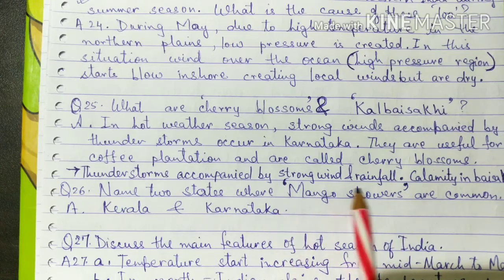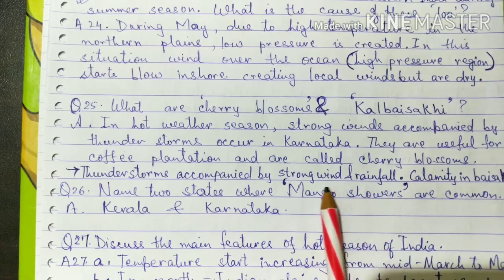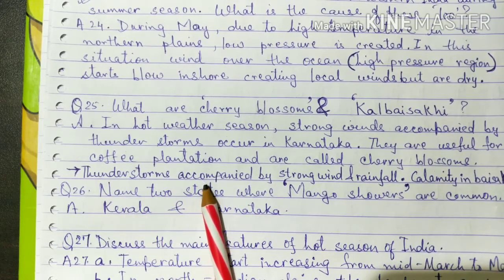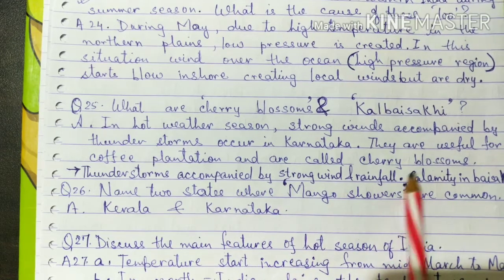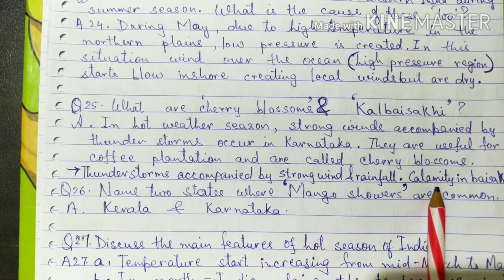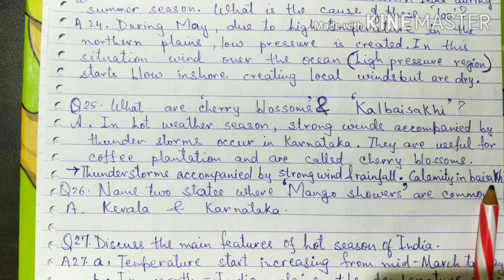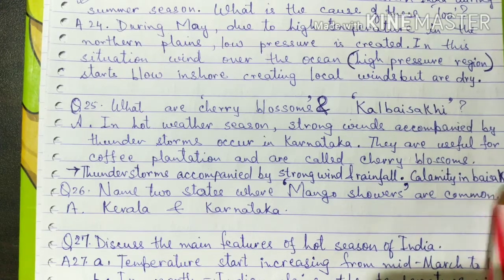Before the rain, the thunderstorms and lightning make the situation very bad in Bengal, so they are called a calamity, which means Kal Baishakhi, the calamity in the month of Baishakh. So it is called Kal Baishakhi in West Bengal.